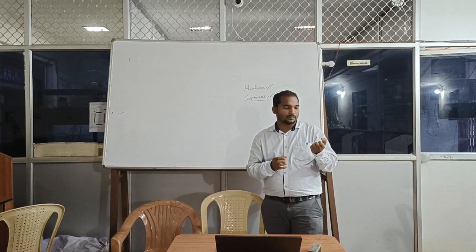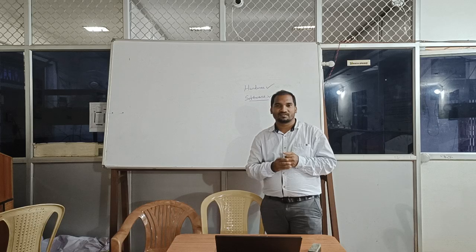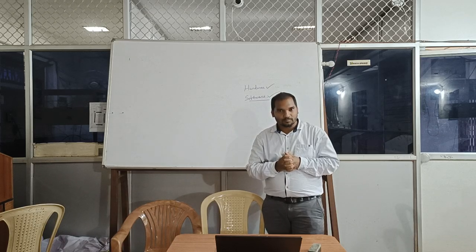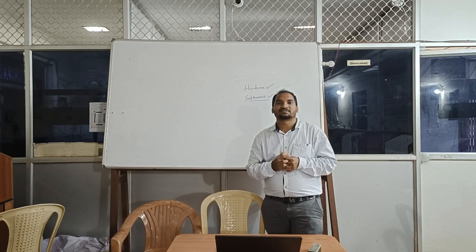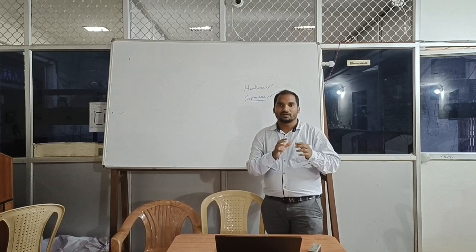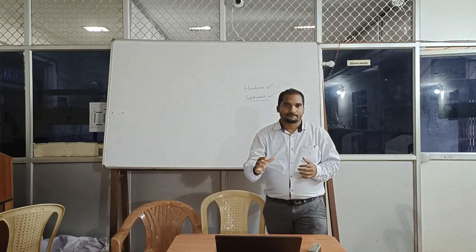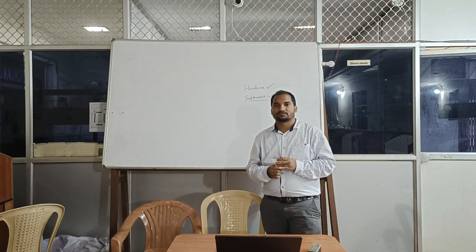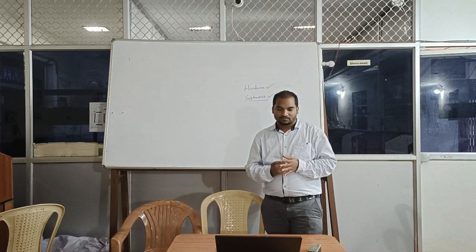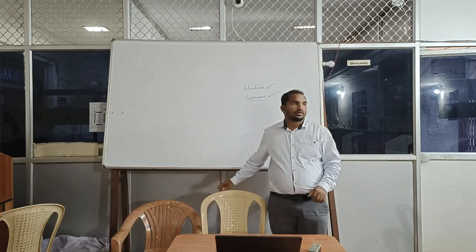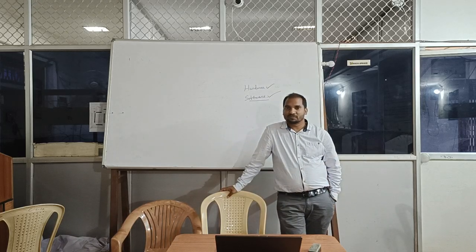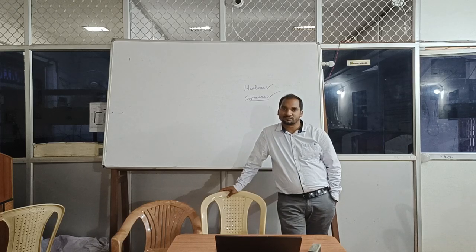The definition of an operating system is: it is a system software which acts as an interface between the user of the computer and the hardware. So what is system software? This is software which is used to run a particular system or computer.